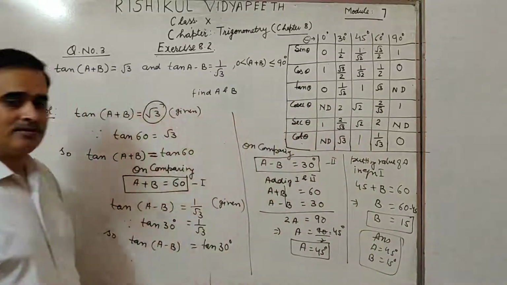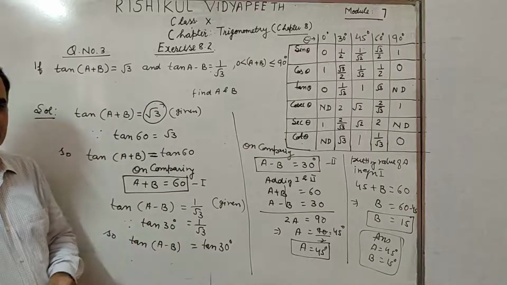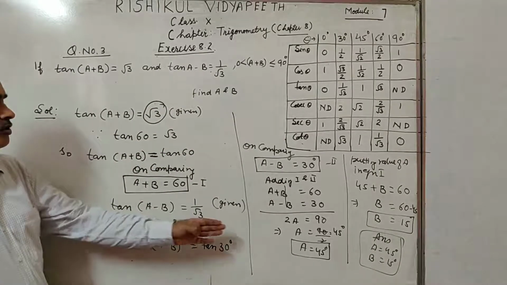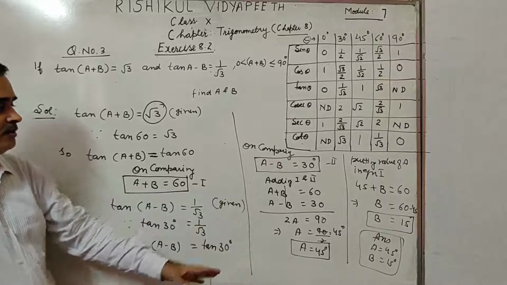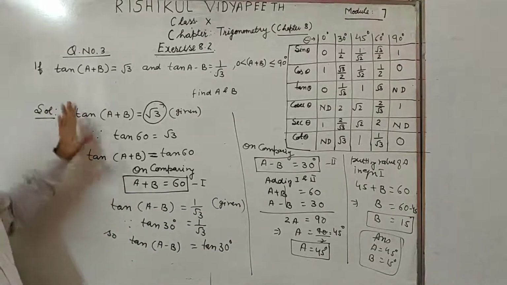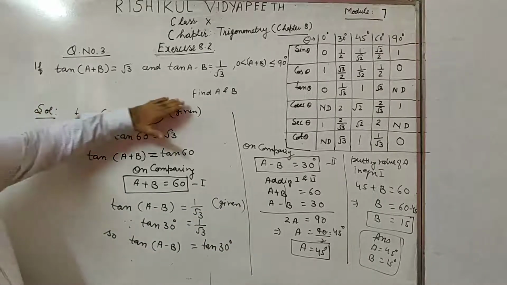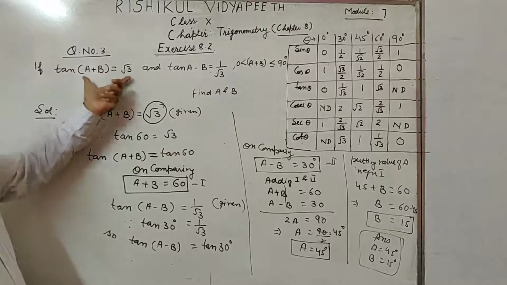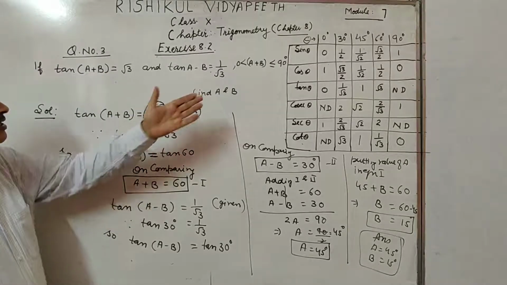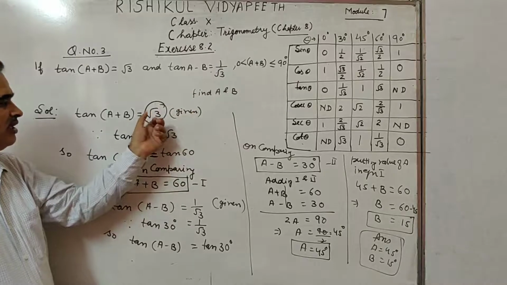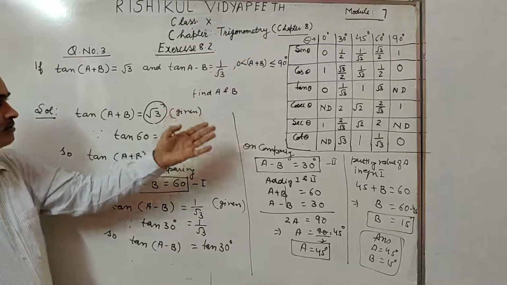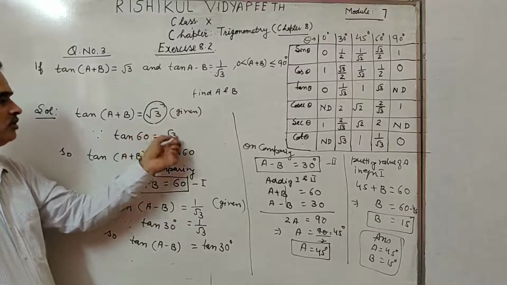So my dear students, we are able to get the values of a and b. This has been given to us, and then we see where we get root 3 in tan. We got this from the table. Tan 60 is root 3.